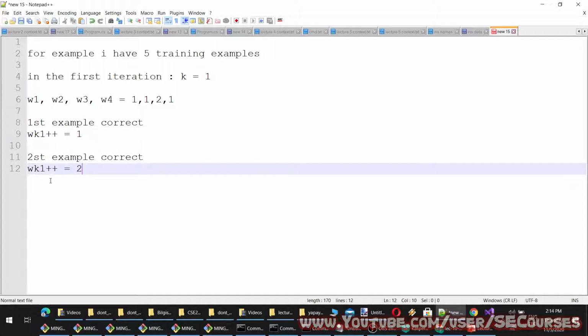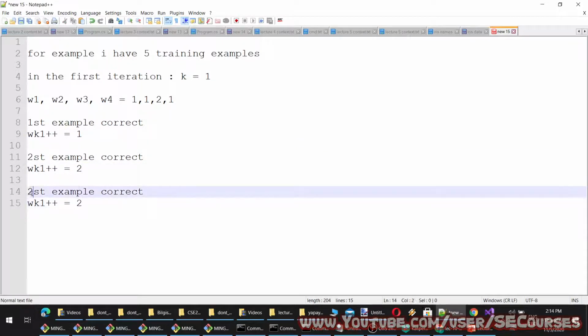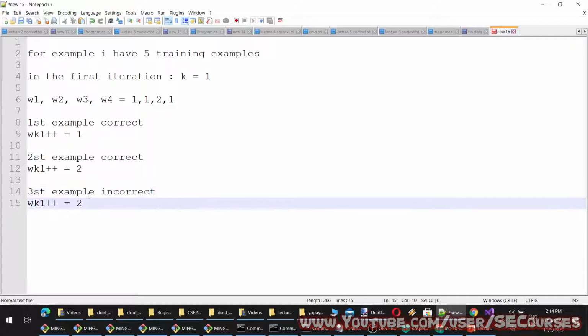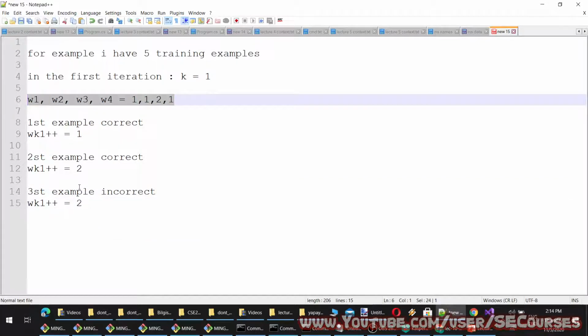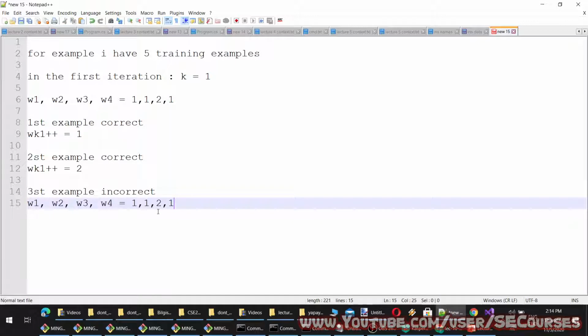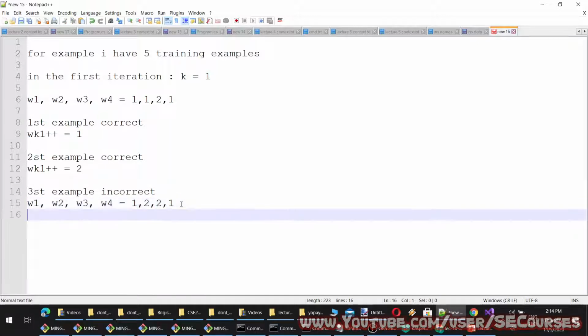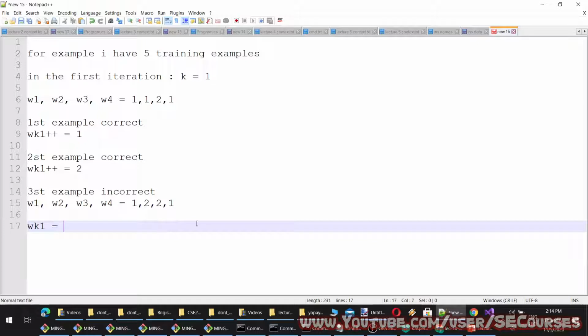The third example is incorrect. What happens? Then we update the weights, and this time they become this.